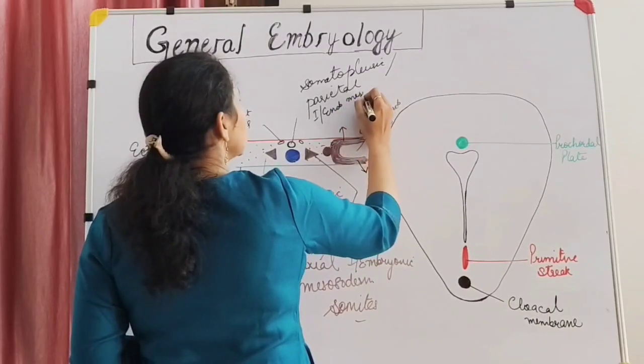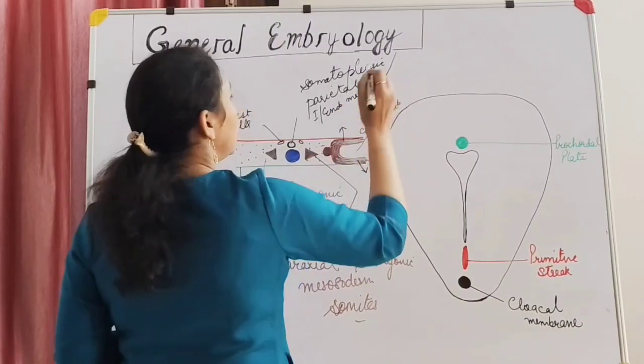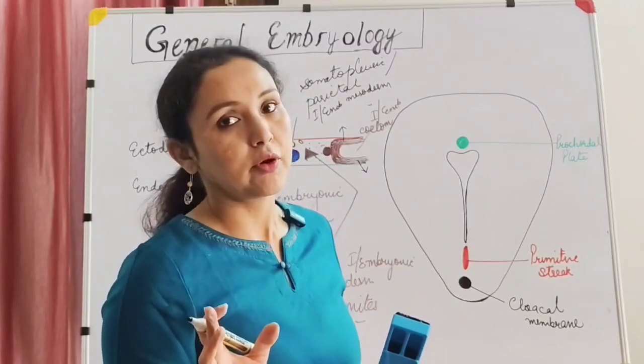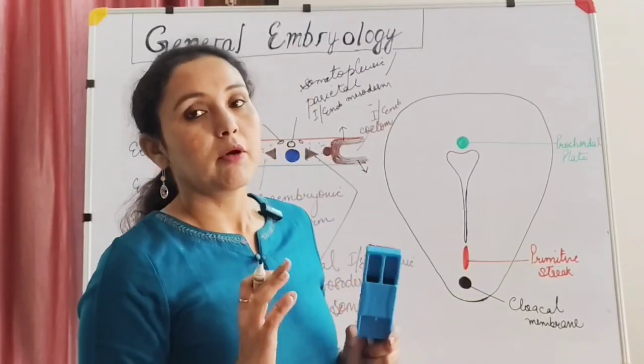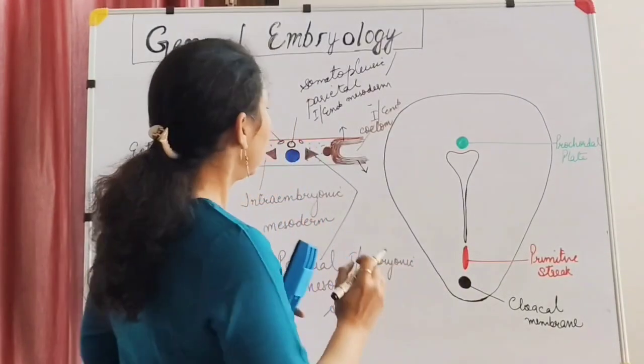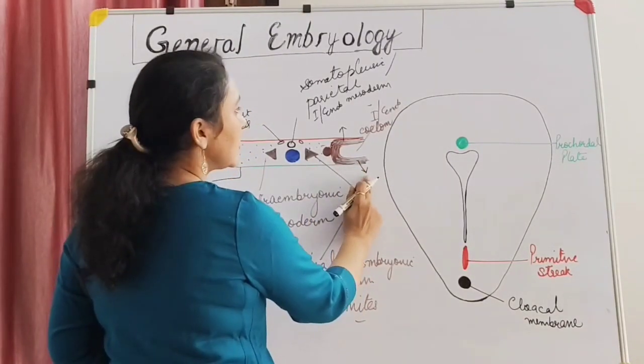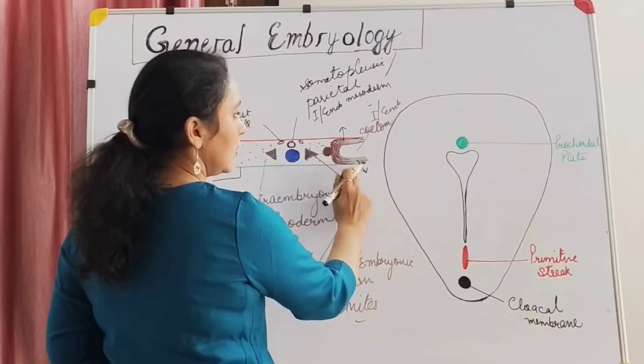You have to repeat intraembryonic mesoderm everywhere because we have to write intraembryonic and extraembryonic. Here we are talking about intraembryonic, so it should be very clear. This one is the splanchnopleuric or the visceral intraembryonic mesoderm, right?